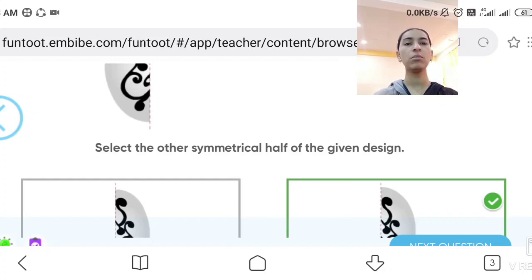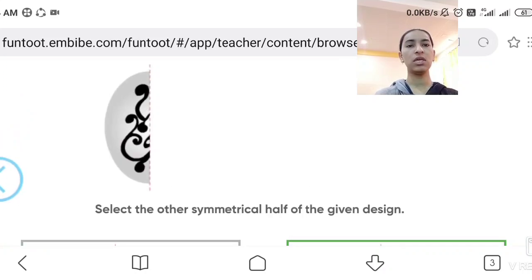This is only from the chapter symmetry and introduction to symmetry, because this part is over in the class. Just now we saw what a symmetrical figure is and what the line of symmetry is. A figure can have many lines of symmetry. Students, see here it has only one line of symmetry, but a circle has infinitely many lines of symmetry.